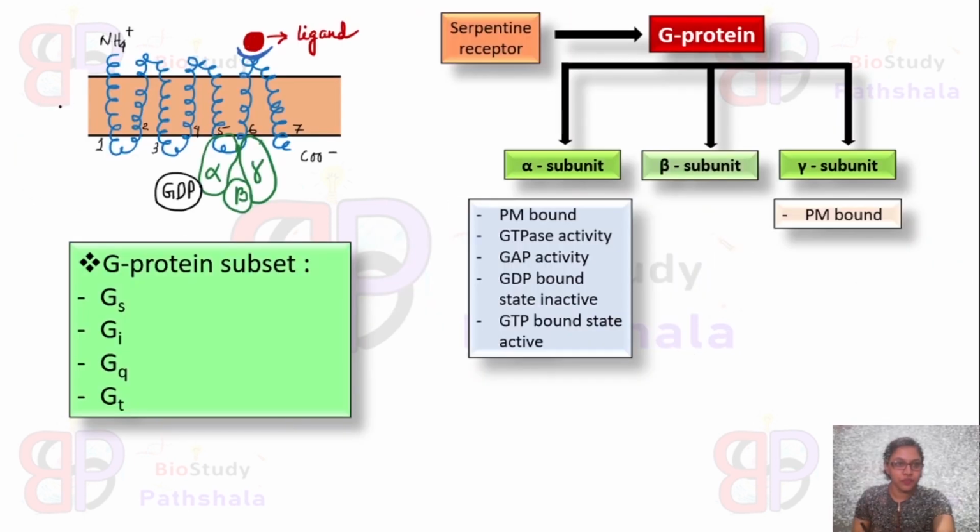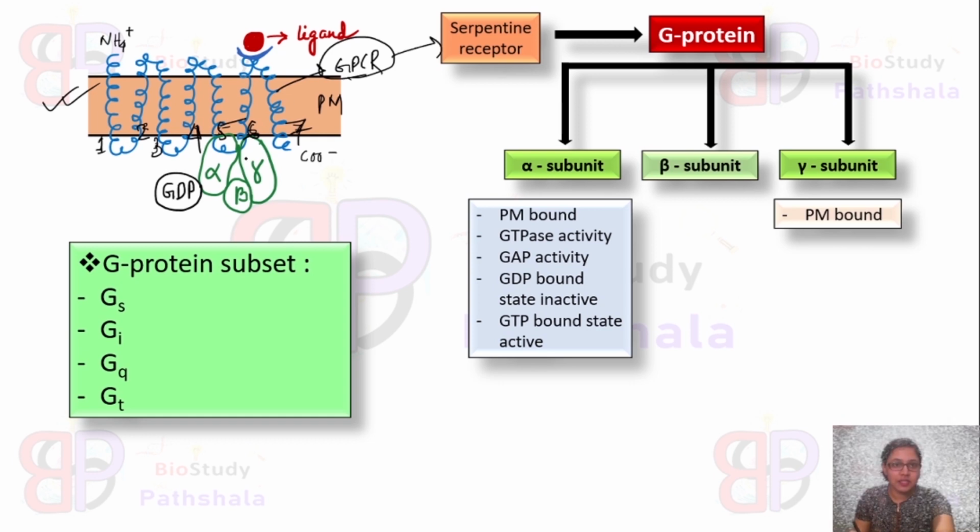So you can see in this diagram, this area is the plasma membrane, and this blue helical structure represents the GPCR. You can see this blue helical structure spans the plasma membrane 7 times: 1, 2, 3, 4, 5, 6 and 7 times. That is why this receptor is also known as serpentine receptor.